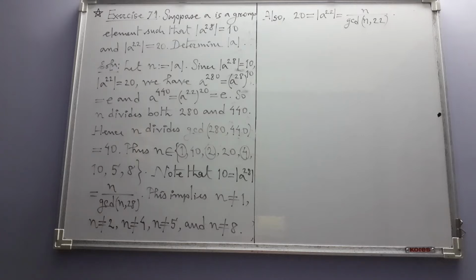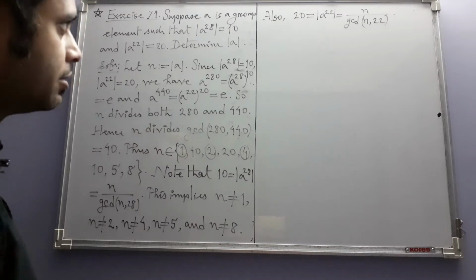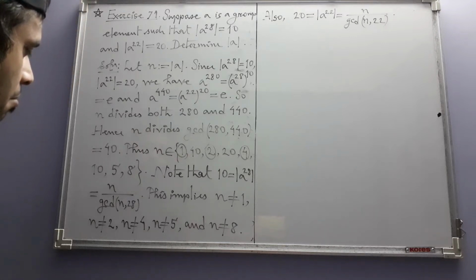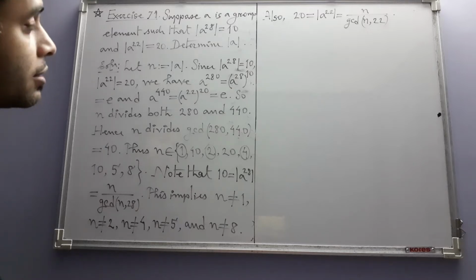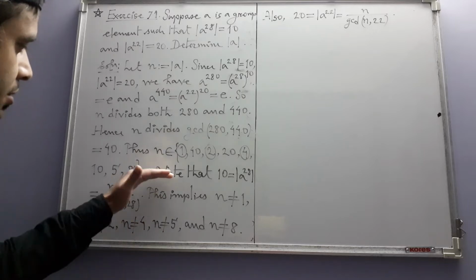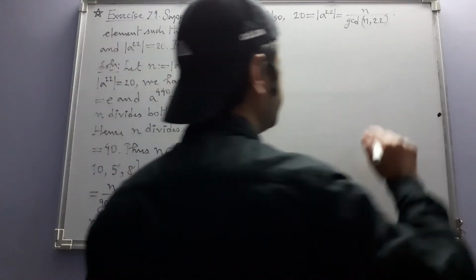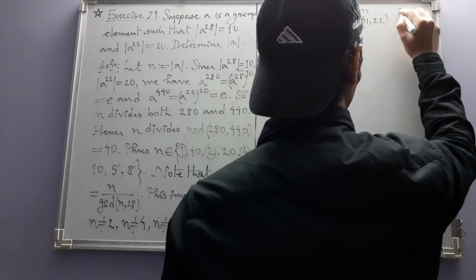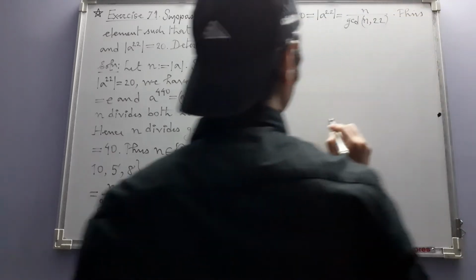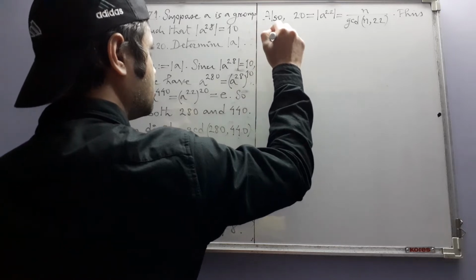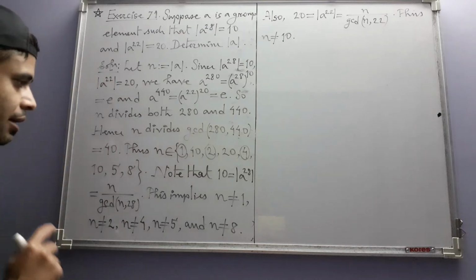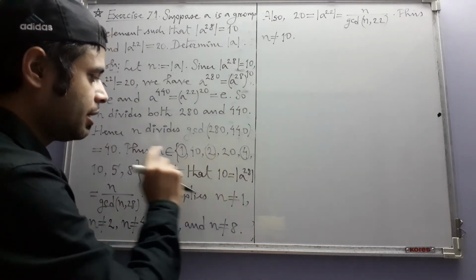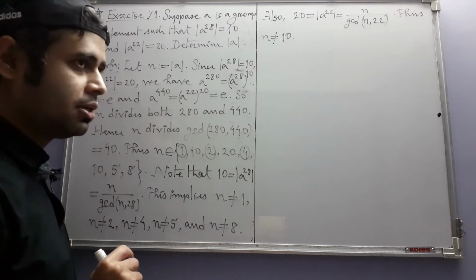So here values smaller than 20 cannot be taken in place of n. So that means 10 is ruled out. Actually, using this itself we could have done this part also, but anyway, thus n is not equal to 10. Okay, so now we are left with two possibilities, 20 and 40, out of which we have to show that 20 actually is not a possibility.